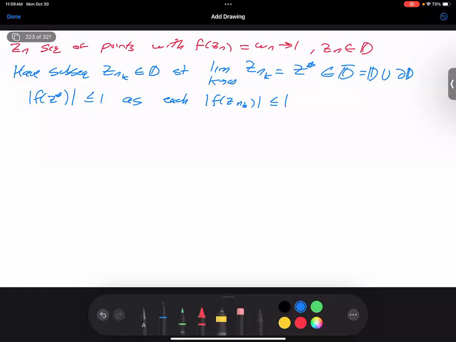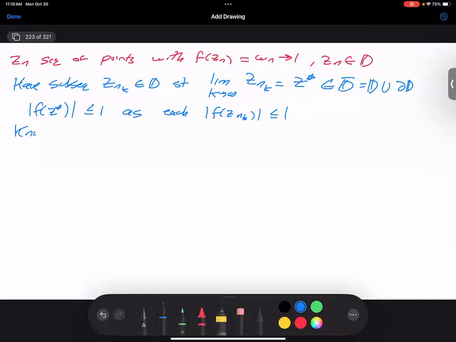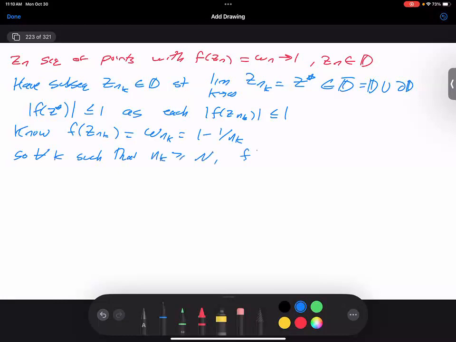If we just go far enough down in the sequence, f of z_{n_k} equals w_{n_k}, which is 1 minus 1 over n_k. So for all k such that n_k is greater than or equal to big N, we have f of z_{n_k} in absolute value greater than or equal to 1 minus 1 over N.